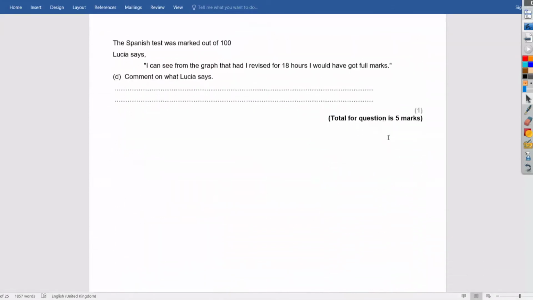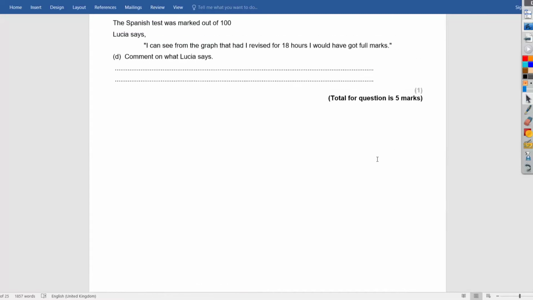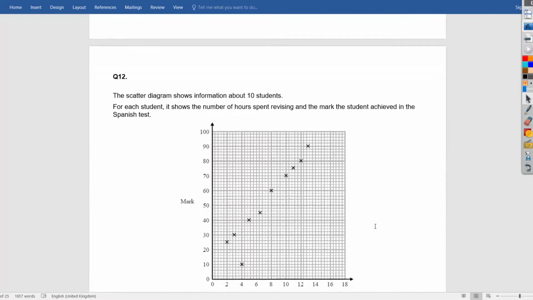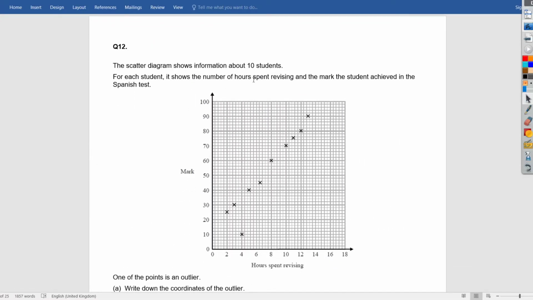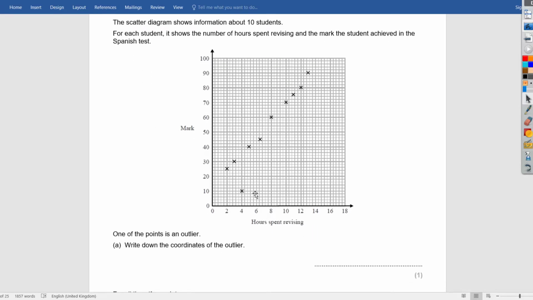Right, I think this is our last question. Okay, so here, the scatter diagram shows information about 10 students. For each student, it shows the number of hours spent revising and the marks the student achieved in the Spanish test. So this is showing a positive correlation, as more hours spent revising results in a higher mark in the test.